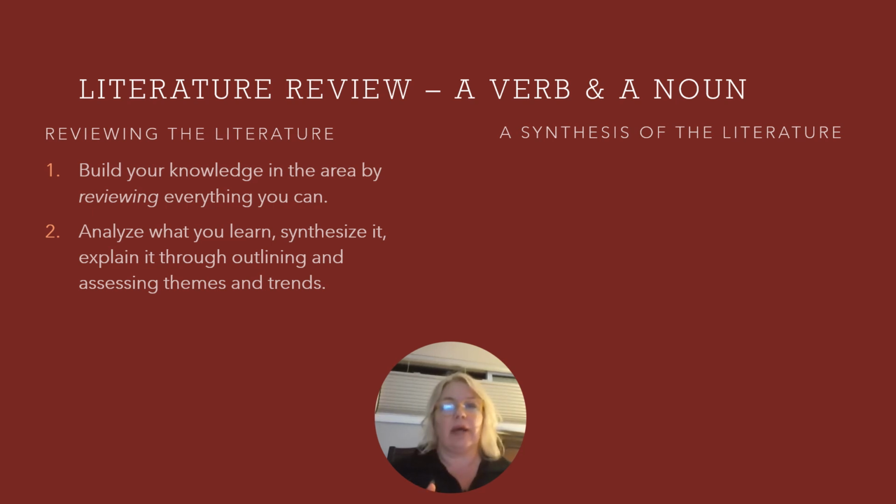If I didn't do it that way, I wouldn't necessarily know which article to reference first, second, third, and so on. So chunking it into themes is critical. That's part of that analysis and synthesizing of what you've learned in that expansive review that's critical.